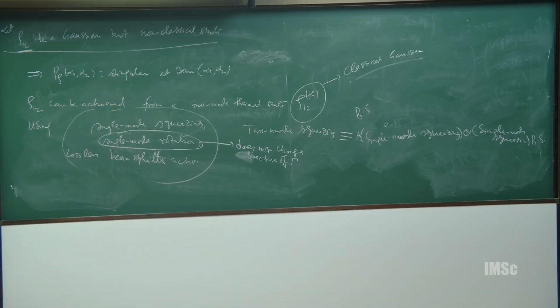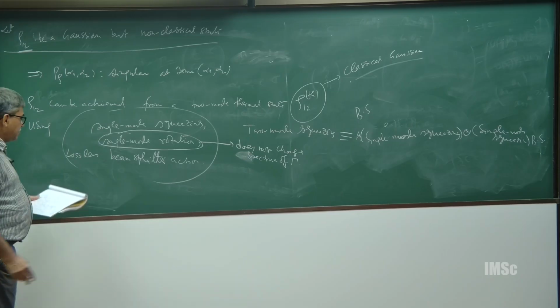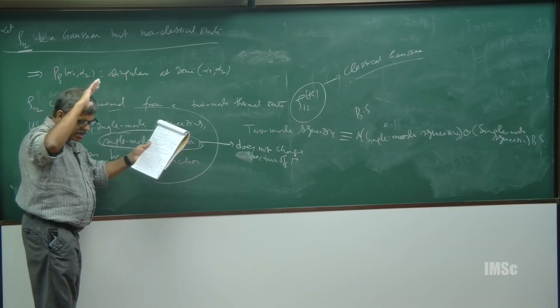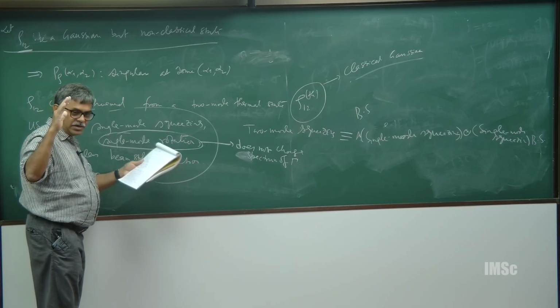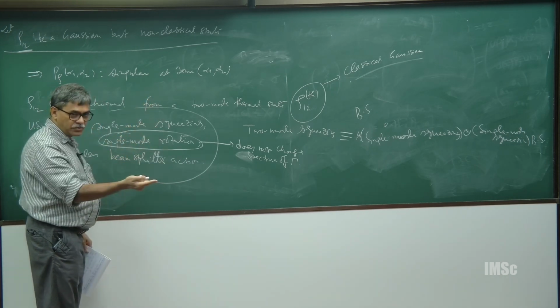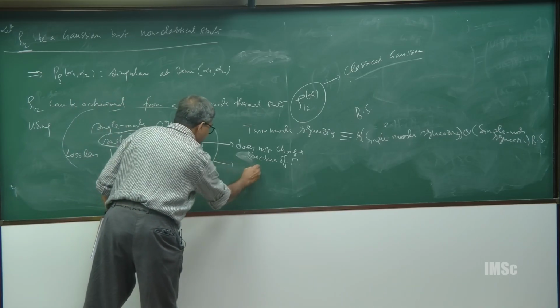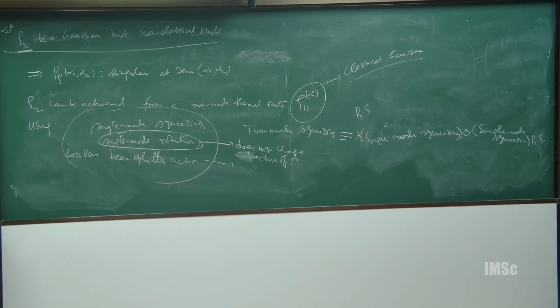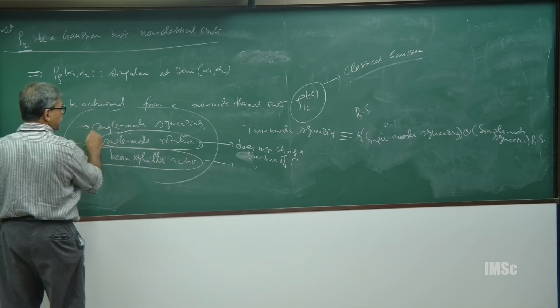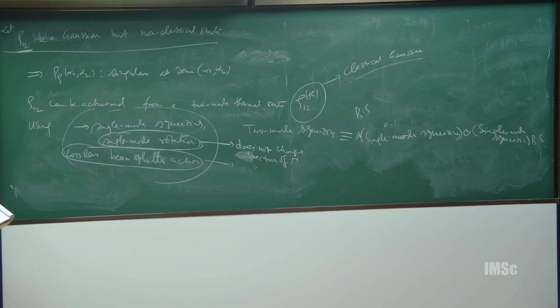Beam splitter action, because you can think of it like a spatial rotation in the 2 mode case, a rotation in x1 x2 and p1 p2, does not change the spectrum either. So, only under single mode squeezing can the spectrum of the covariance matrix change.